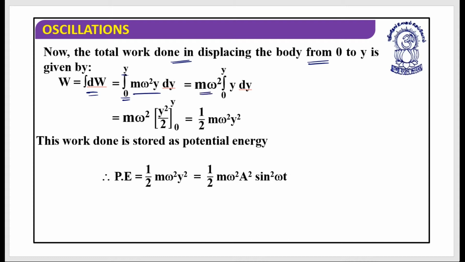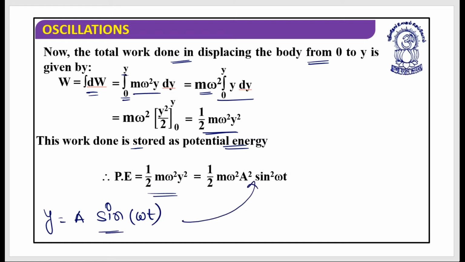This is mω², keeping it aside, times the integral of y dy from 0 to y. So this is equal to ½mω²y². This work done is stored as potential energy, which we call ½mω²y². As we also have y = a sin ωt, this can be written as ½mω²a² sin²ωt.